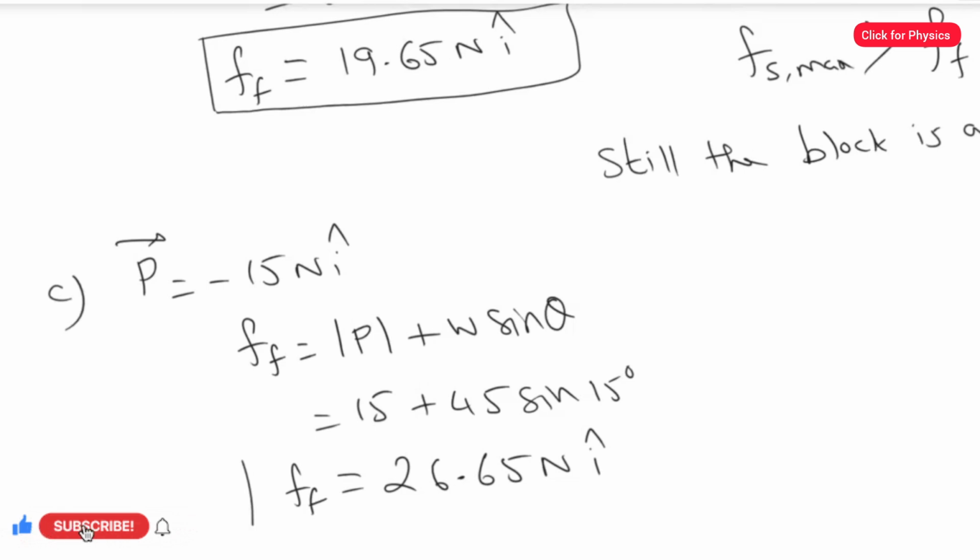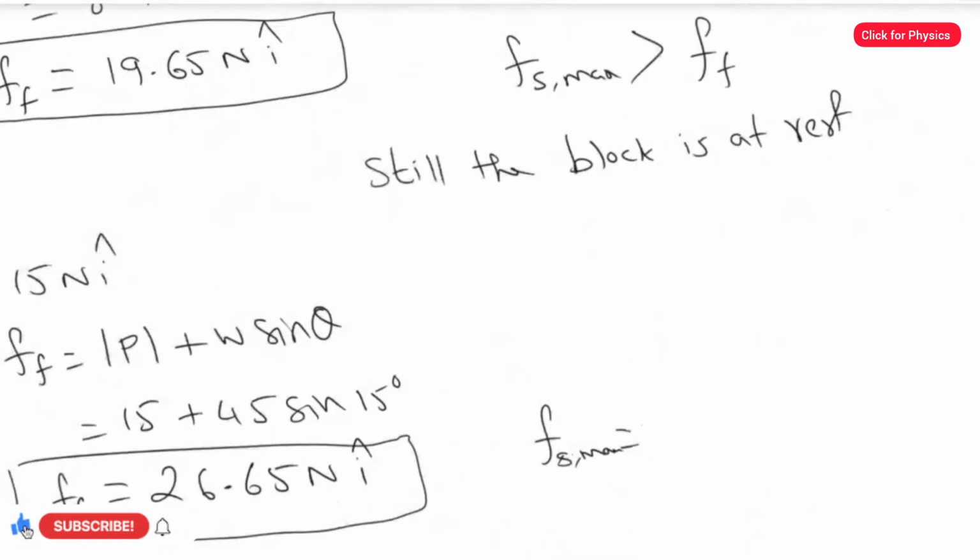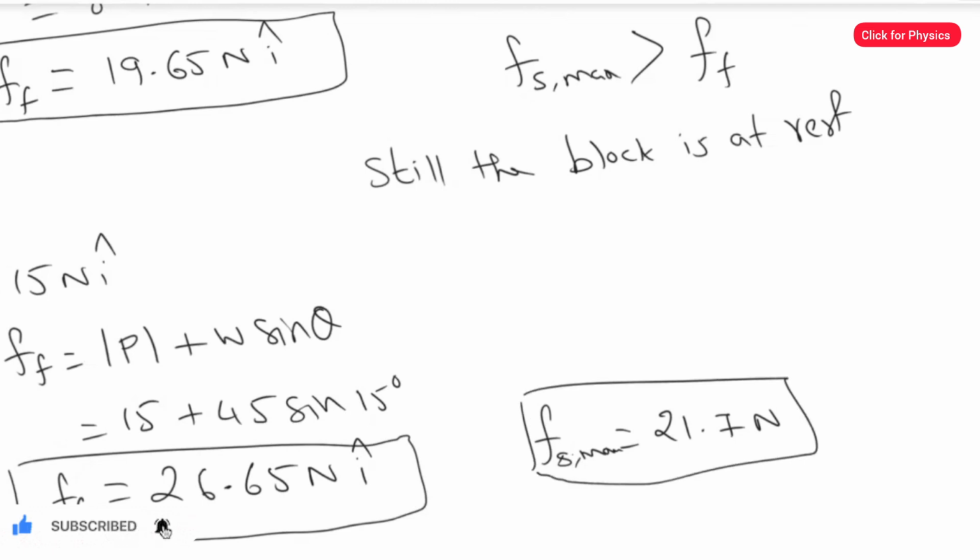Clear? So now we have to compare the answer with the maximum static friction value. So what is our maximum static friction value? The maximum static friction value is 21.7 Newton. So now you can see our answer is greater than the maximum static friction value.